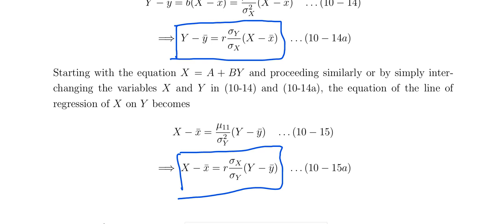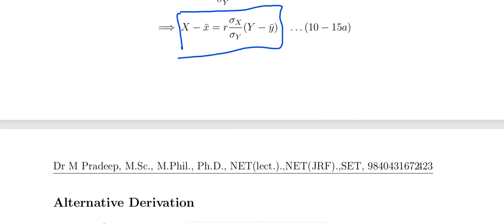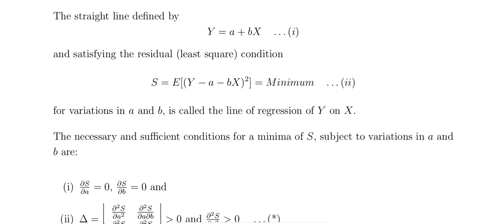So these are called the regression equation of y on x, and this is called the regression equation of x on y. So there are two formulas for the regression equation, for the lines of regression. The r into sigma x by sigma y is the regression coefficient of x on y.